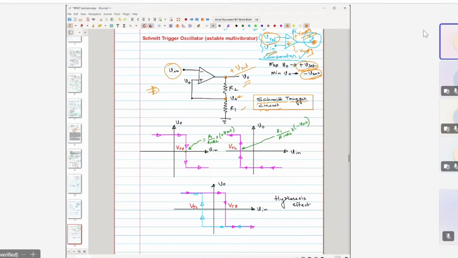I have denoted this as V plus because it is connected to the non-inverting terminal of the op amp. Use the voltage division: this is V sat into R1 by R1 plus R2, right? So this would be the voltage at this node.